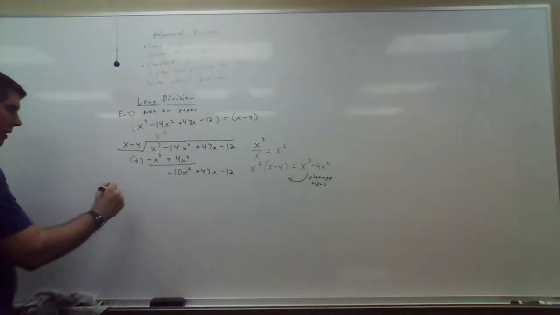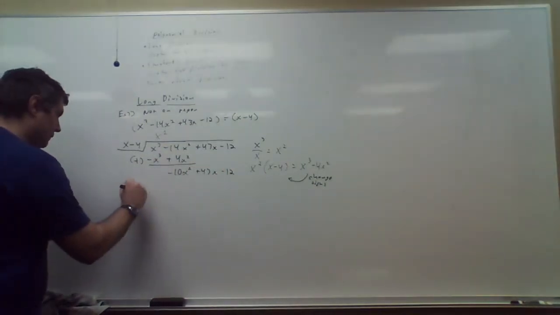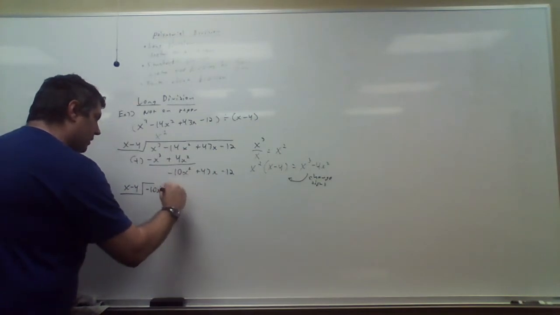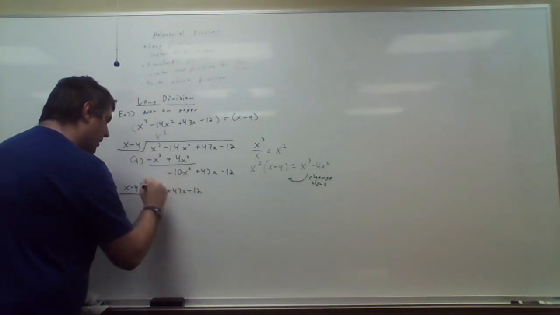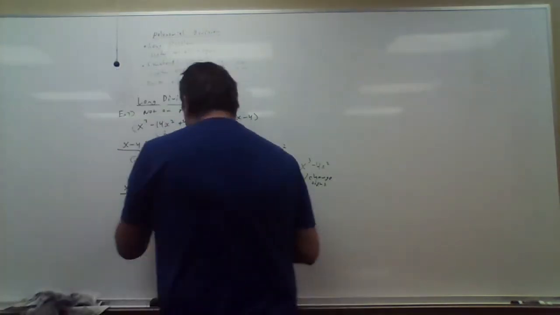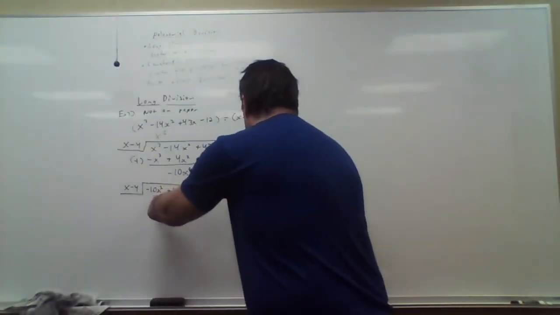And this will go in a new box. Negative 10x squared plus 43x minus 12. Okay? Now repeat the process.